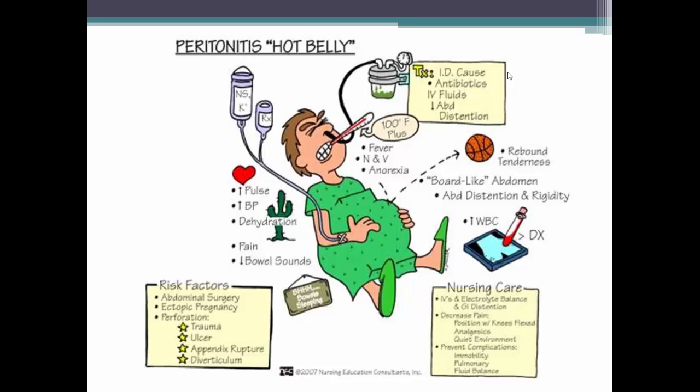All those are signs of peritoneal irritation. In addition, patients have high-grade fever, nausea, vomiting, anorexia, hypertension, tachycardia, signs of dehydration, and severe abdominal pain with decreased or absent bowel sounds.